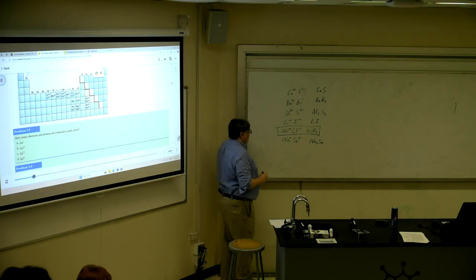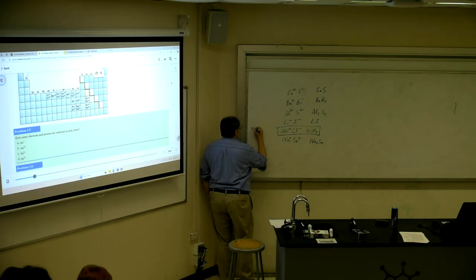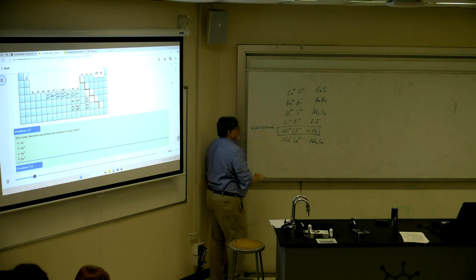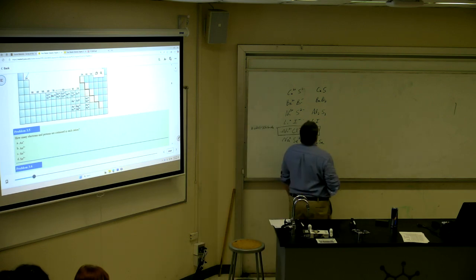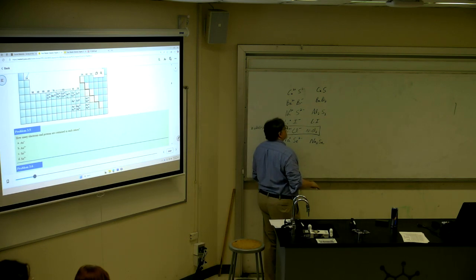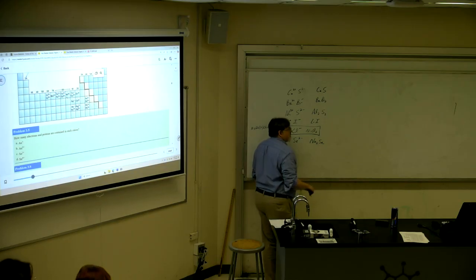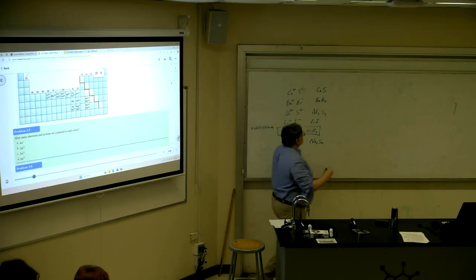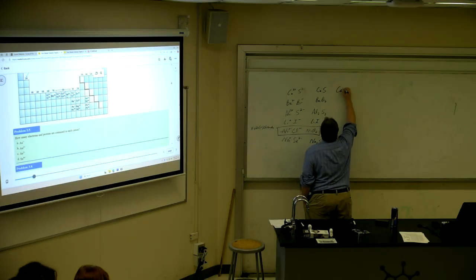So this one would have to be nickel(II) chloride, but you would have to be told the charge on nickel somehow. So those would be the formulas.